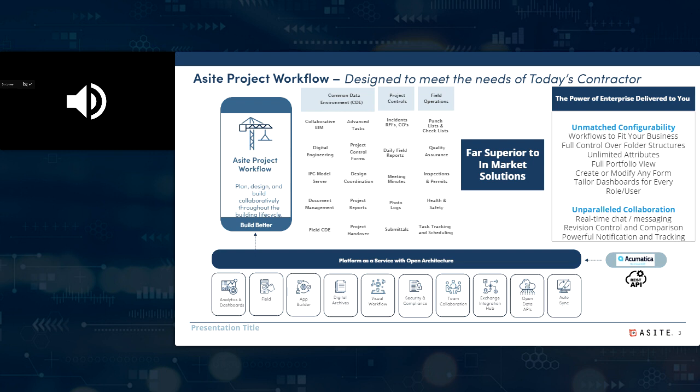Of course, submittal processes, and then we'll look at a punch item type task to identify an issue today. We also provide quality and inspections, permits, health and safety, and some scheduling components, all part of the application.